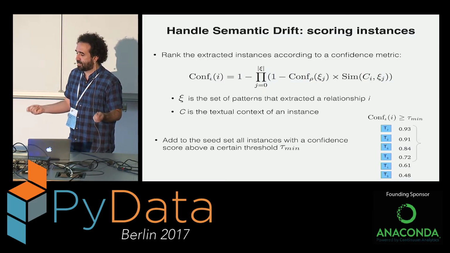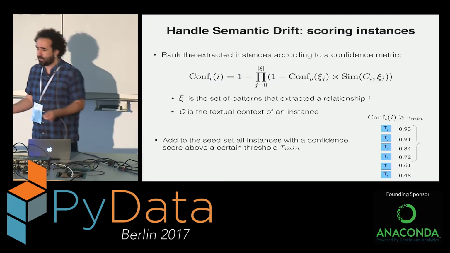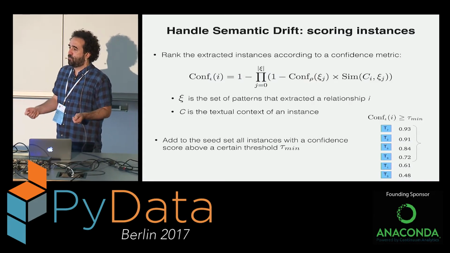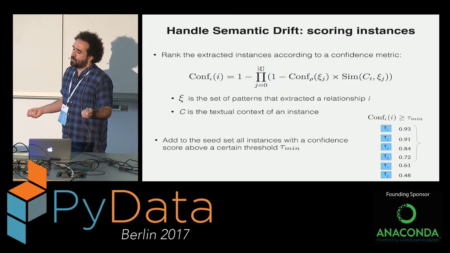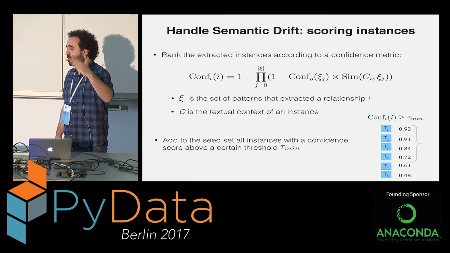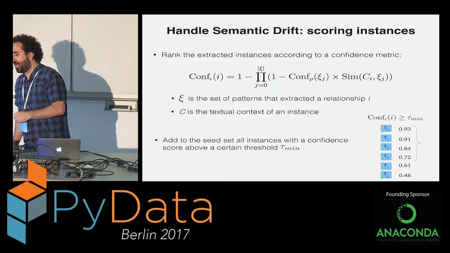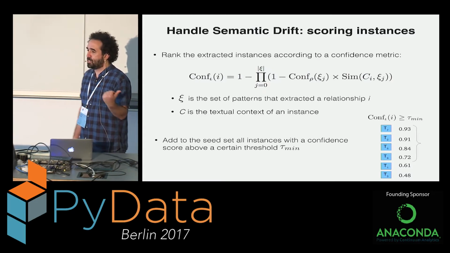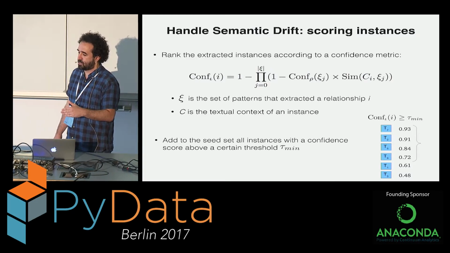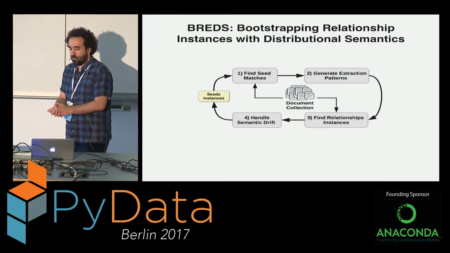So every instance extracted by the system will have a score. And before adding instances to the seed set, you take the top k. You set another threshold called tau-min, and you say everything above this threshold goes to the seed set. Everything that's below, you just discard. And it's finished. This is how the system works.